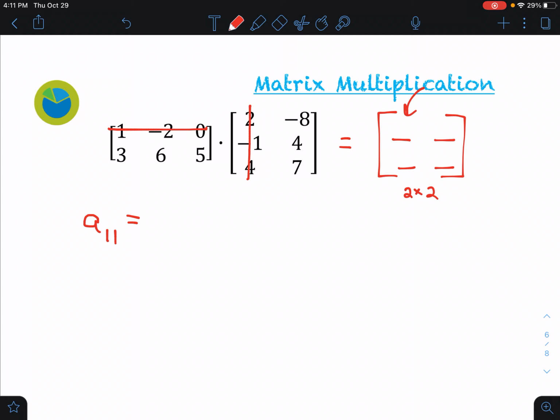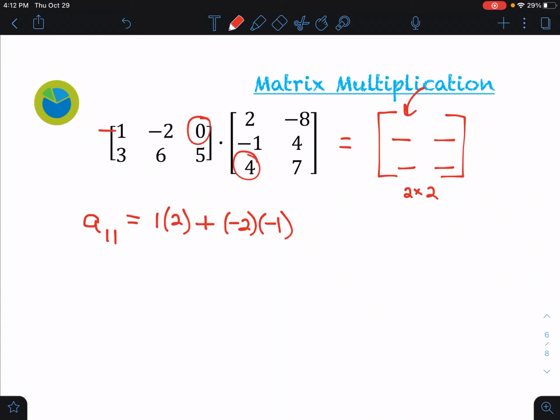Okay? So you're going to go 1 times 2. Again, 1 times 2, that's where that came from. And then you're going to add the next two numbers. So negative 2 times negative 1. And then you're going to do 0 times 4.